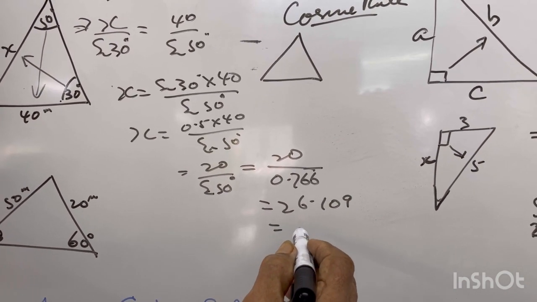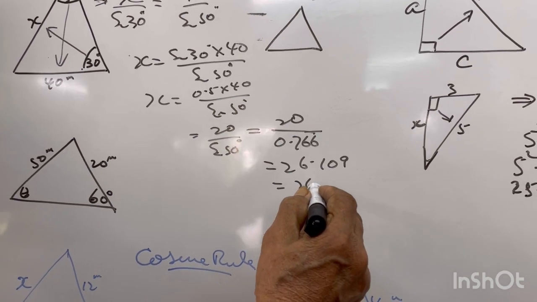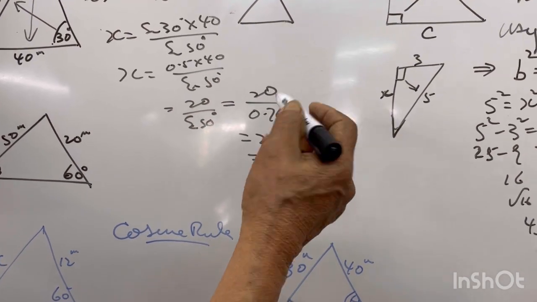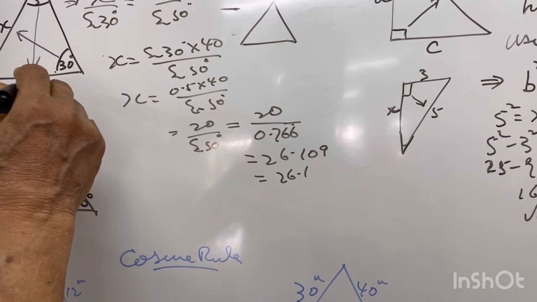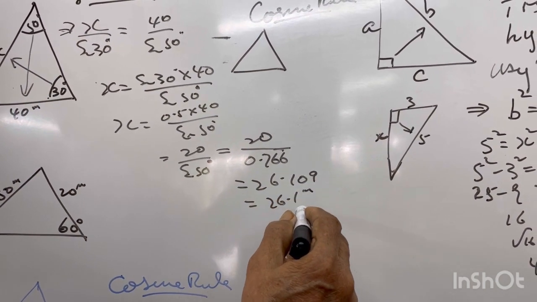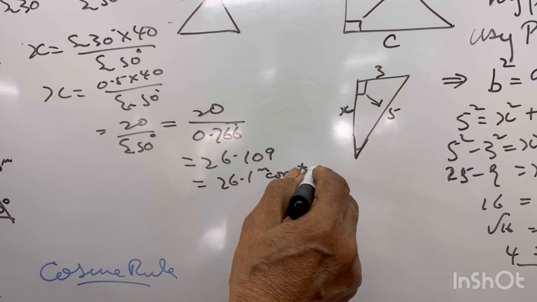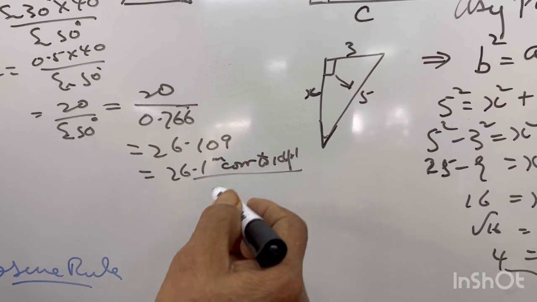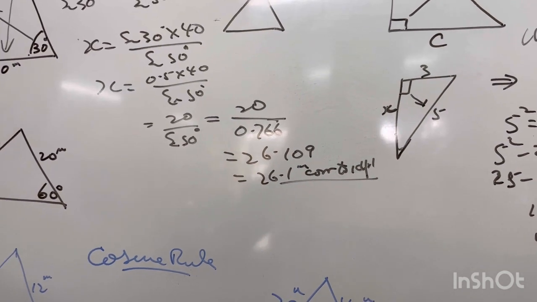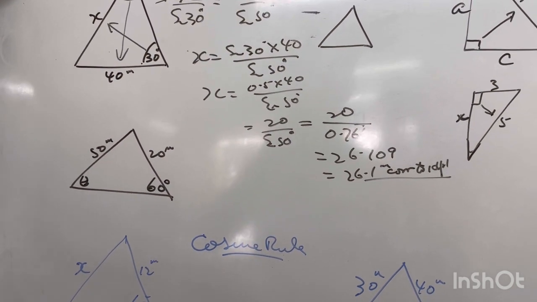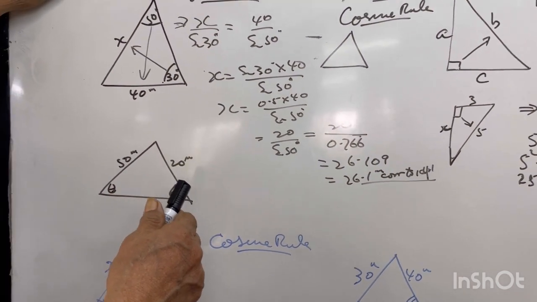And that's equal to 26.1 meters or whatever it is. And I must put here correct to one decimal place. I must add it in because you can't jump to it like that. And that becomes my answer for this here.